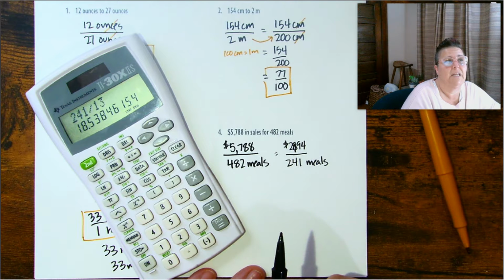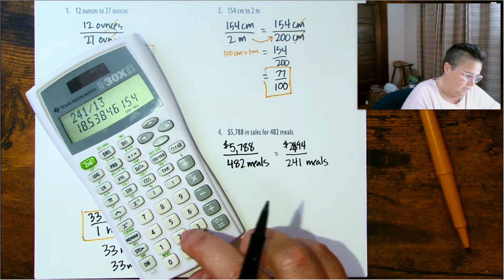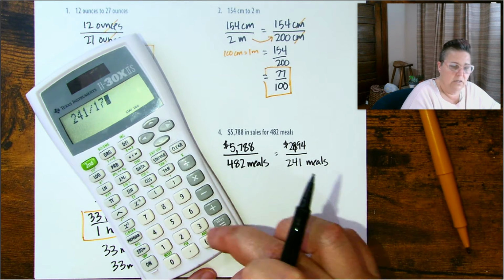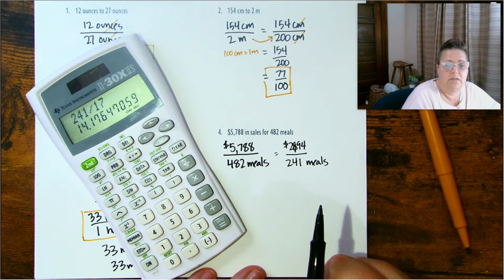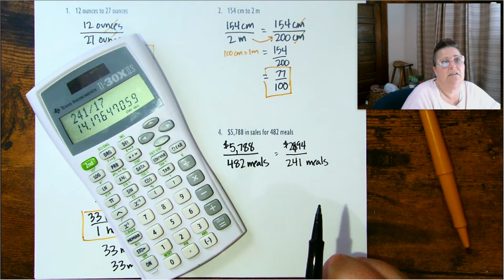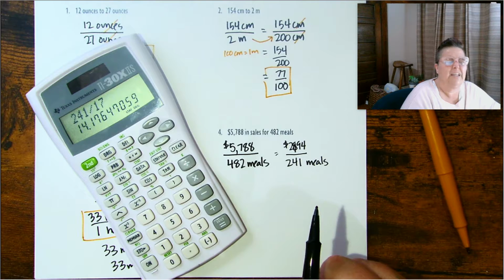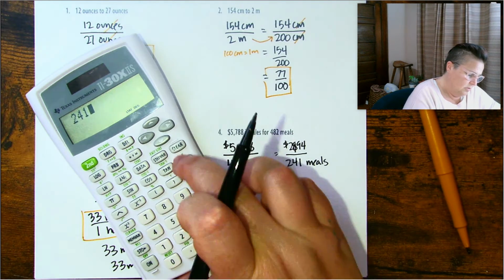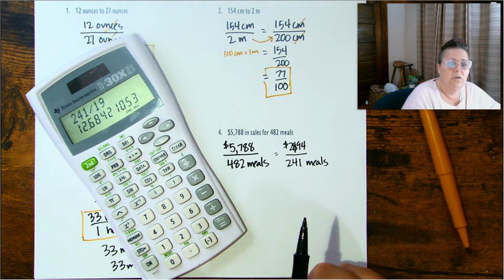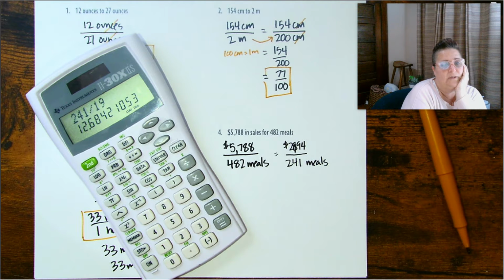I can't do 14. I can't do 15. I can't do 16. What about 17? Nope. 18. No, 2 didn't work, so 18 won't work. 19. Nope. 20, 21, 22. 23.